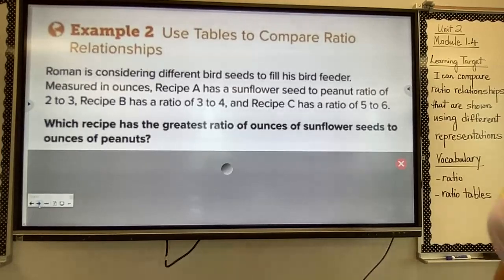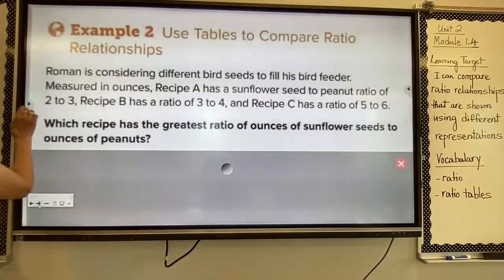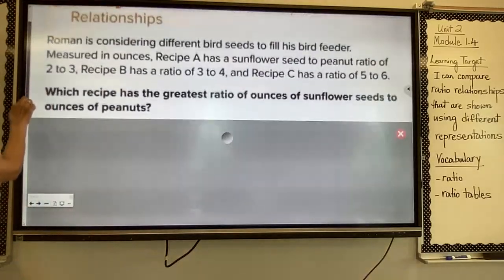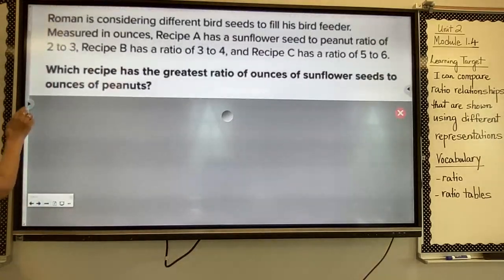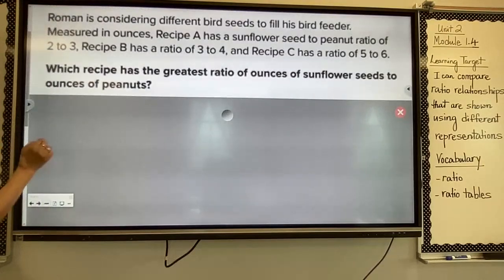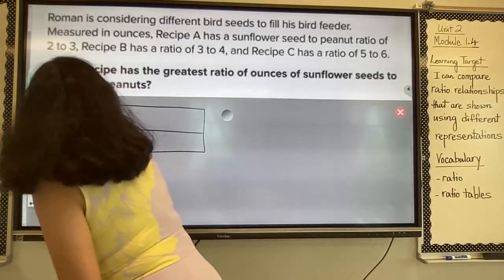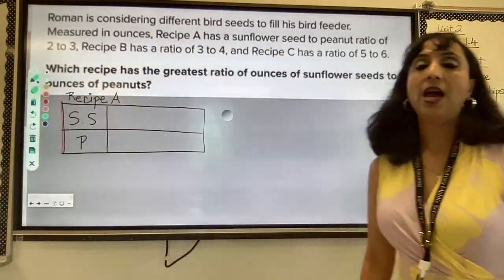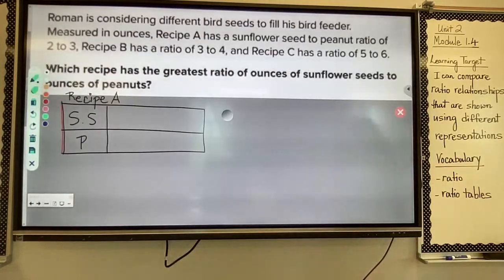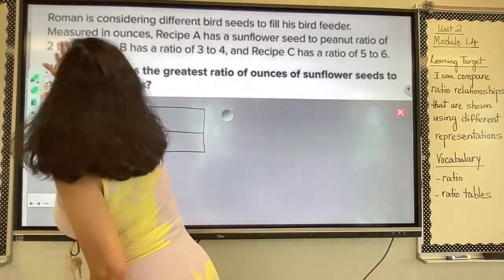Okay, so once again, let's do this a little bit like this so I have room to write. Sunflower seeds to peanuts, and as you can see, my ratio is 2 to 3.